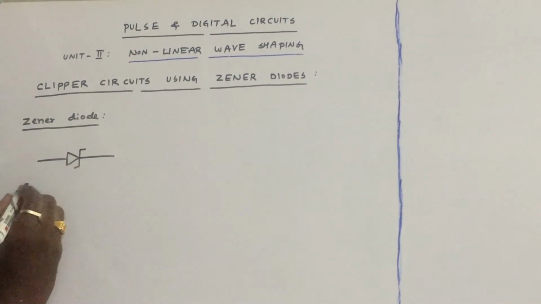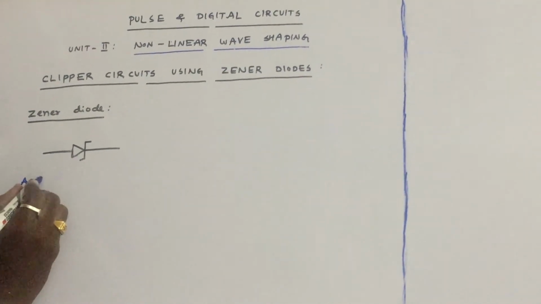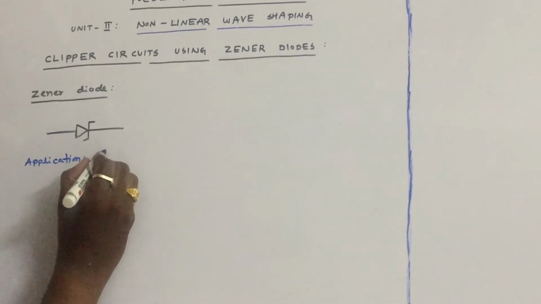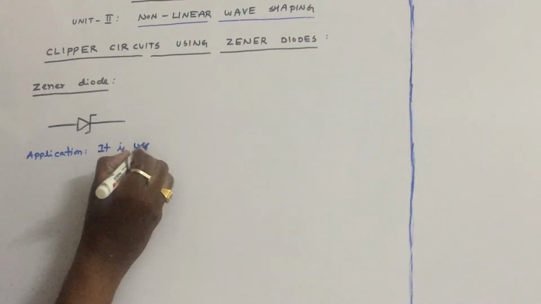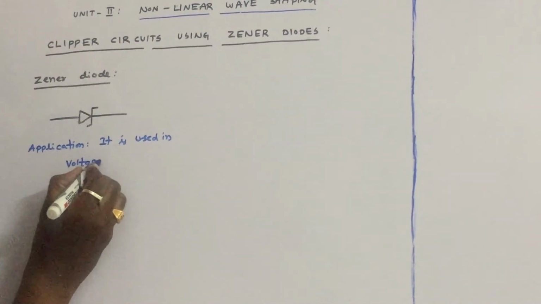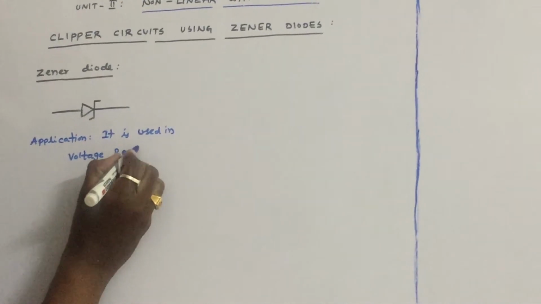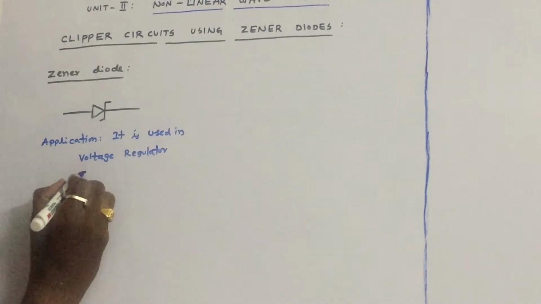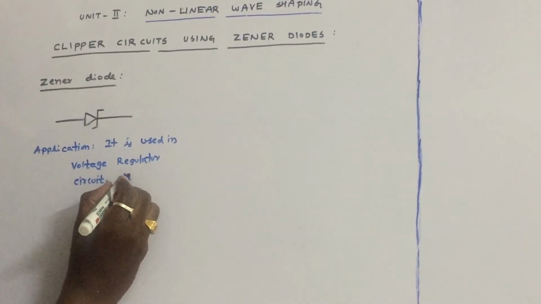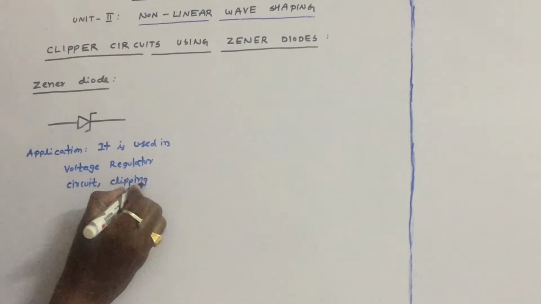The main application of Zener diode is it is used in voltage regulator circuits. It is basically used as voltage regulator. And another example we are now seeing in clipping circuits.